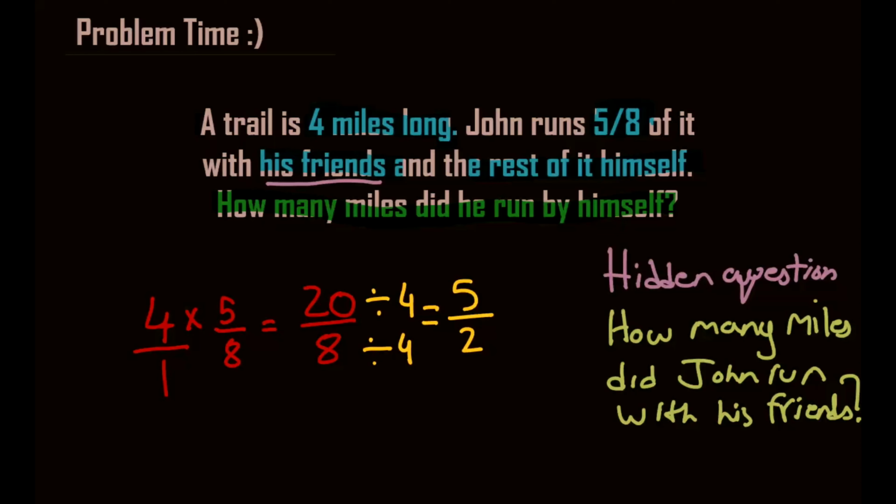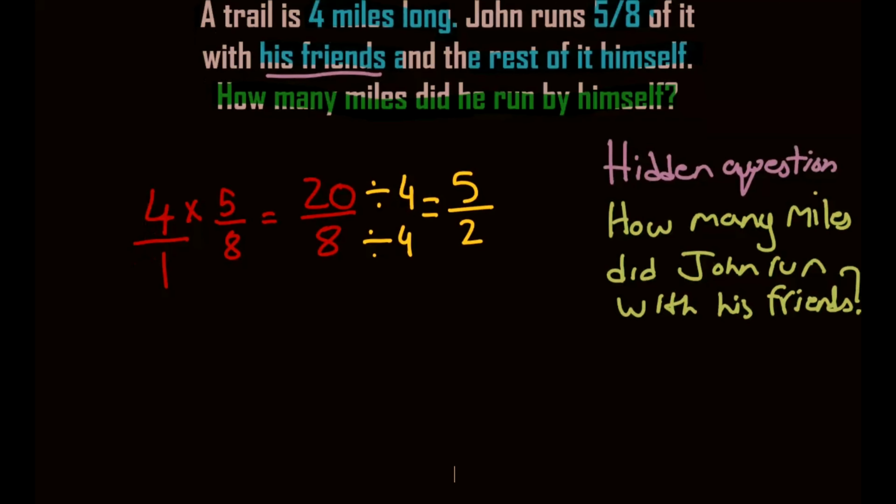So we can turn this into an improper fraction. That's the word. So how do you do that? Well, first of all, you need to divide 5 by 2.